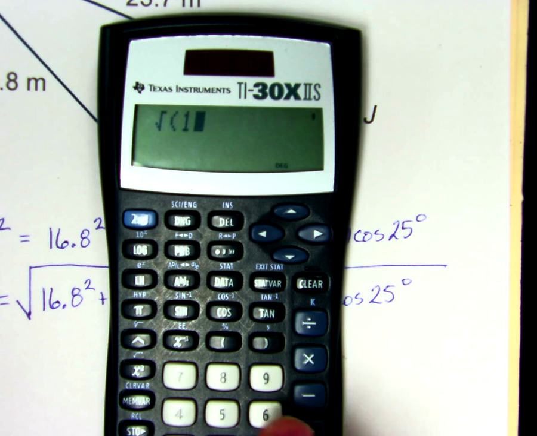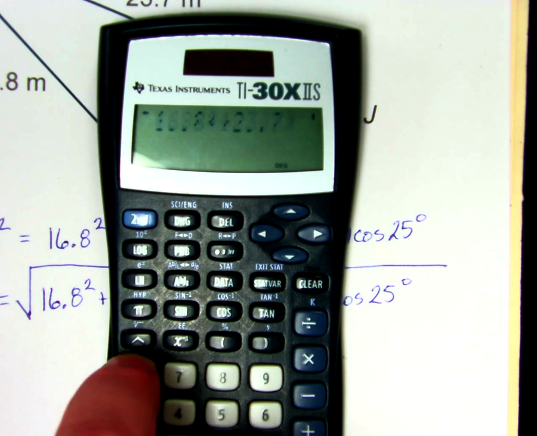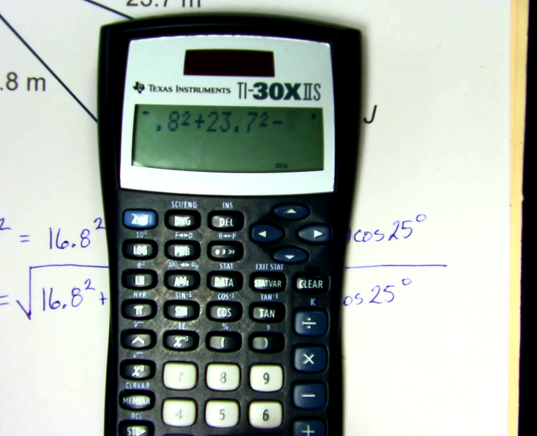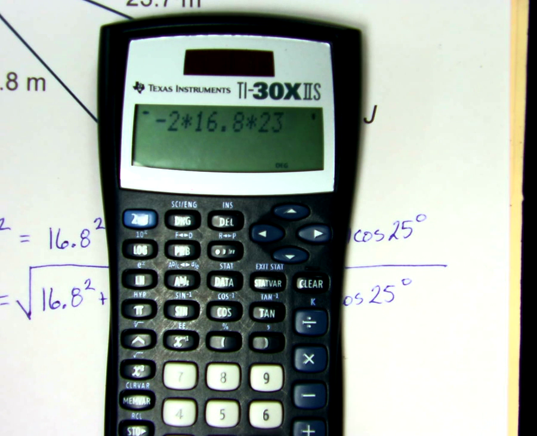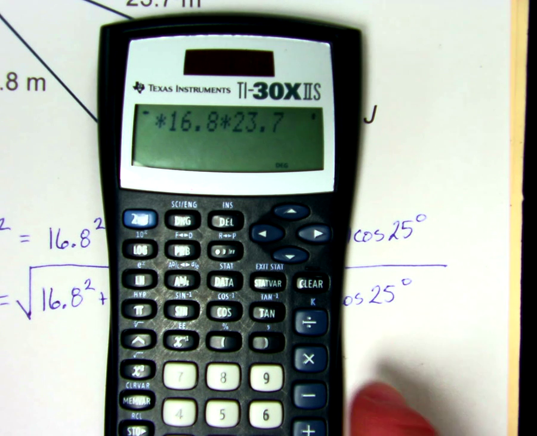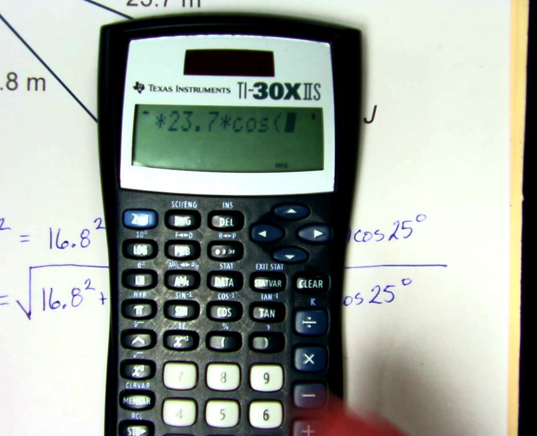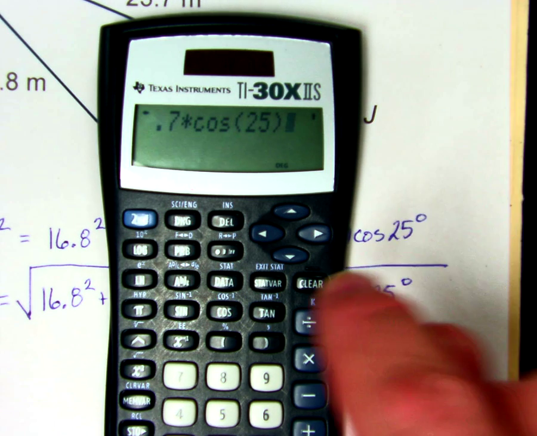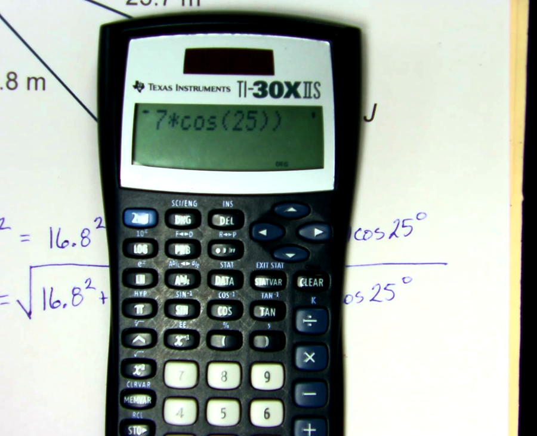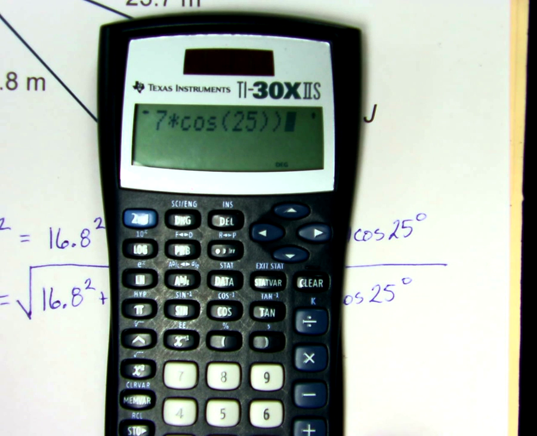Now I'm just going to have 16 8/10 squared plus 23 7/10 squared minus 2 times 16 8/10 times 23 7/10 times the cosine of 25 degrees. Now that parenthesis is going to close off the 25 degrees, but then I need to close off the grouping for what's under the square root. So when I hit equals, the length of that side is about 11 1/10 centimeters. Excuse me, meters.